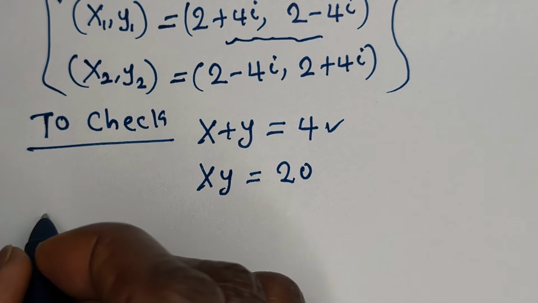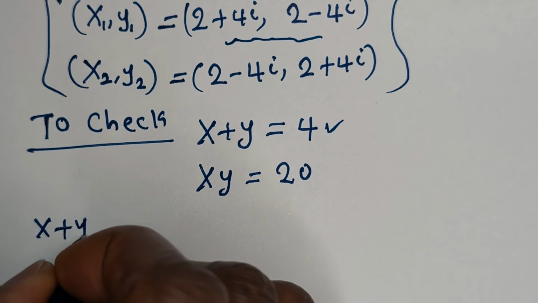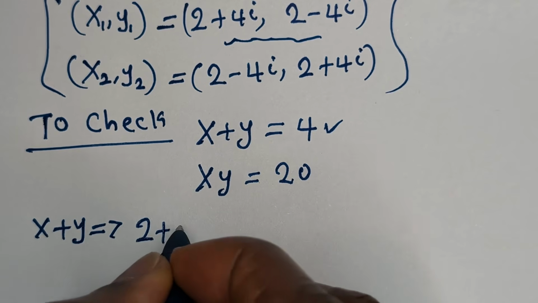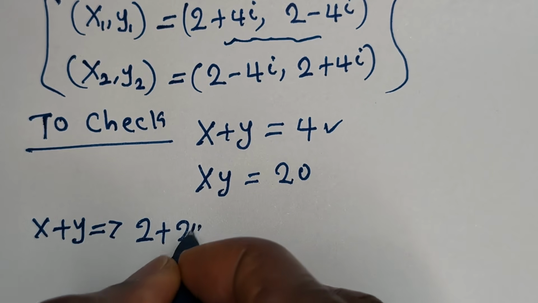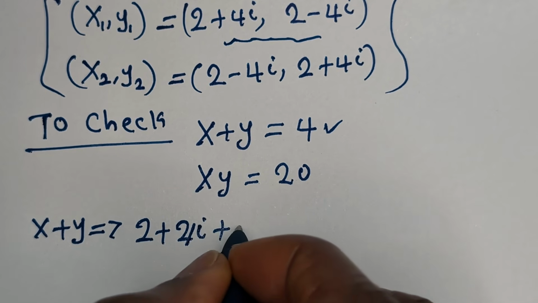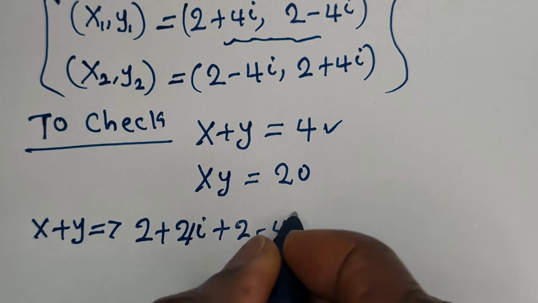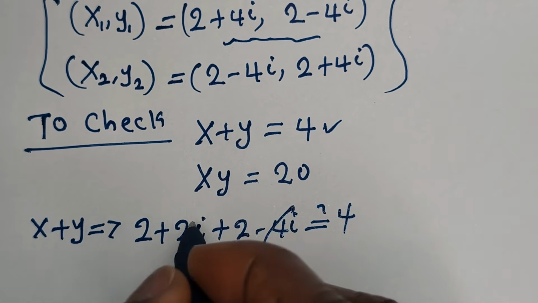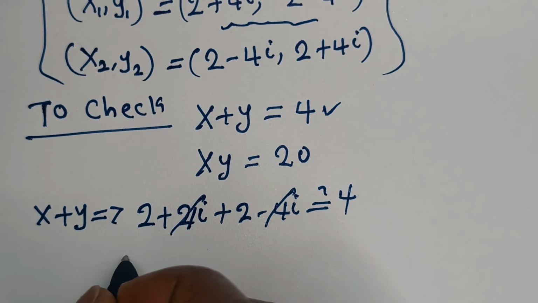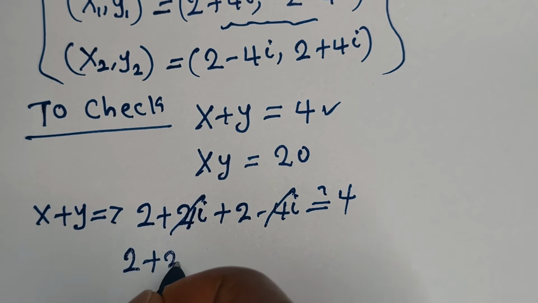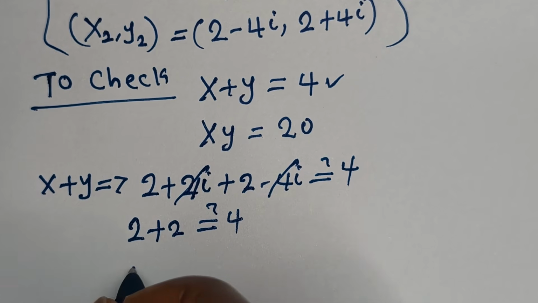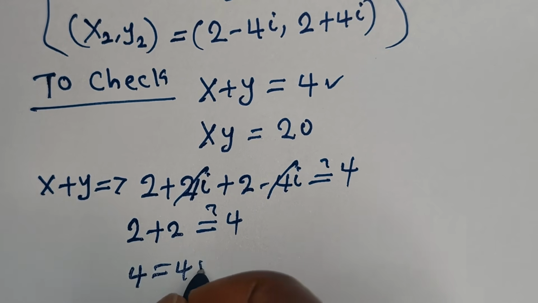Here we have s plus y. This is 2 plus 4i plus 2 minus 4i must be equal to 4. This cancels this. We have 2 plus 2 must be equal to 4. 2 plus 2, this is 4, is equal to 4, which is true.